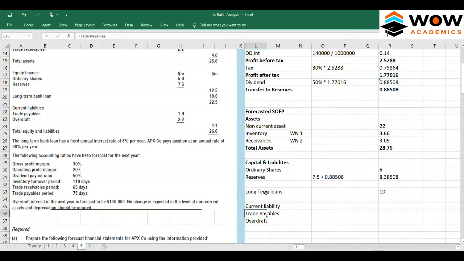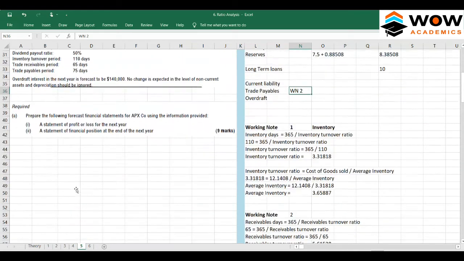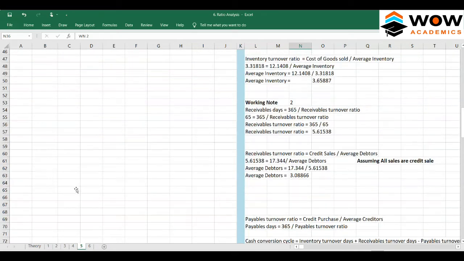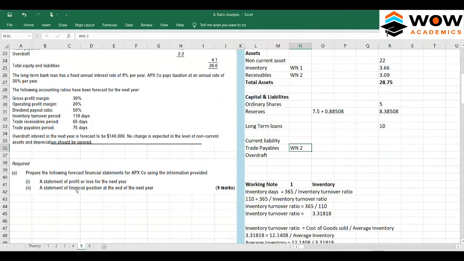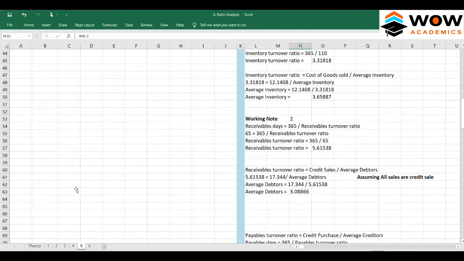Okay, so trade payables, we have to have a working note or else we can't work it out. They have also given the trade payables as 75 days. So we'll get the working note number 2.